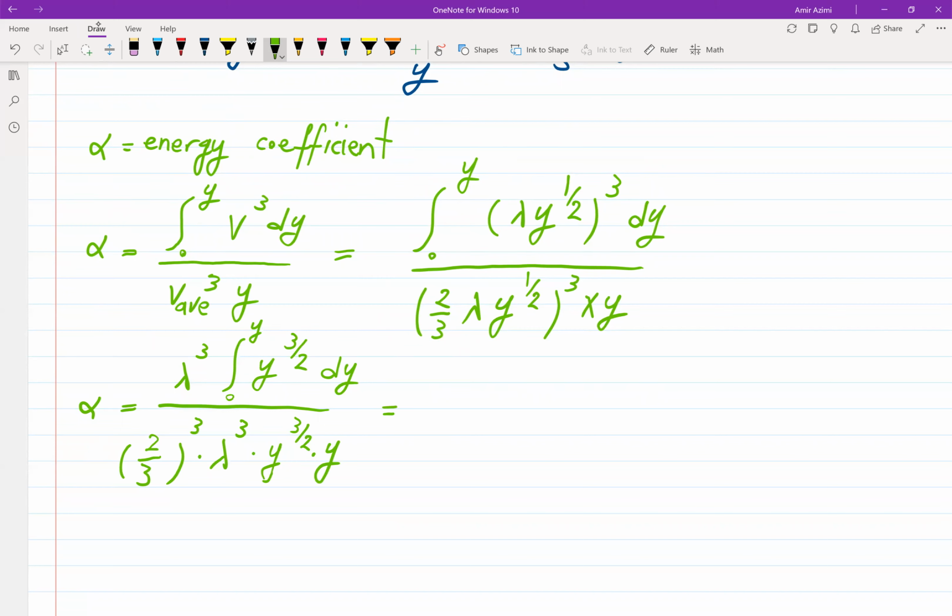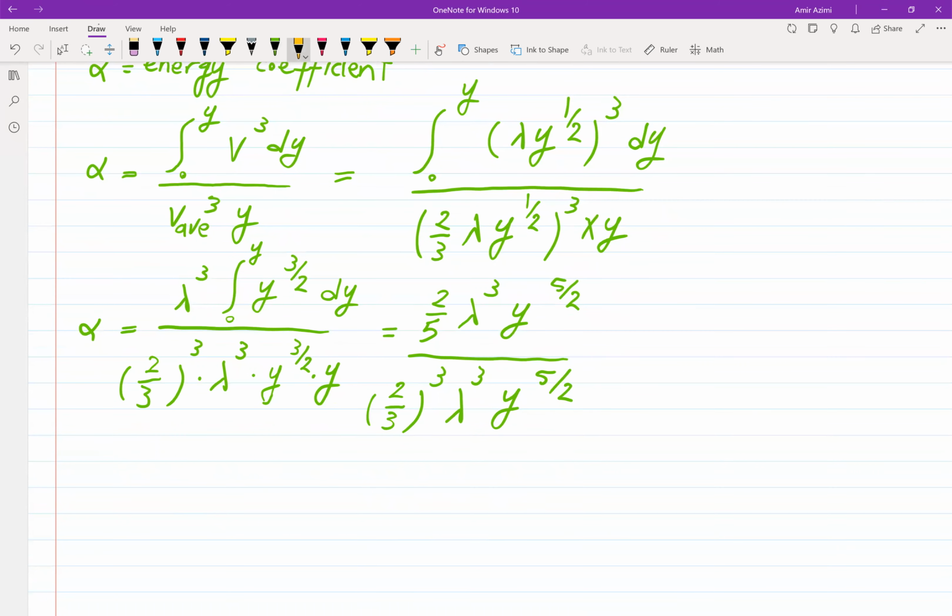Okay, so I do the integration. Integration of y to the power of 3/2 becomes 2/5 lambda to the power of 3 y to the power of 5/2, divided by 2/3 to the power of 3 lambda to the power of 3 y to the power of 5/2. Now lambda to the power of 3 cancels out, y to the power of 5/2 cancels out.